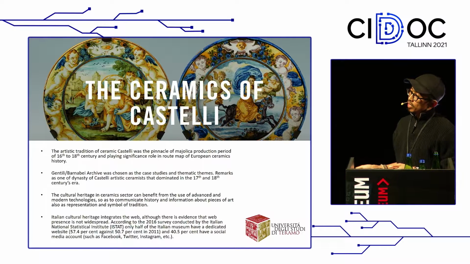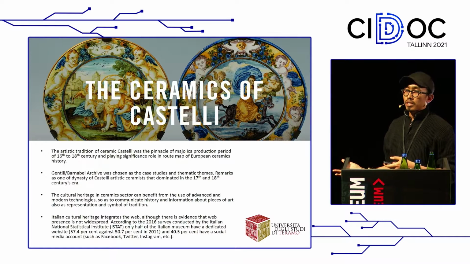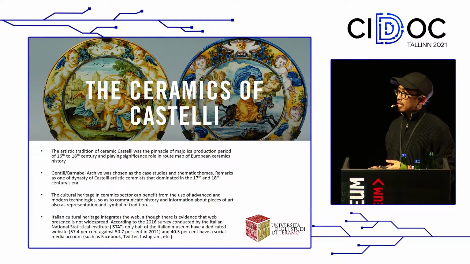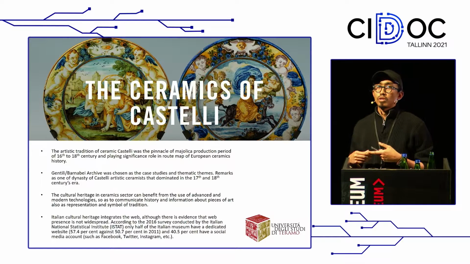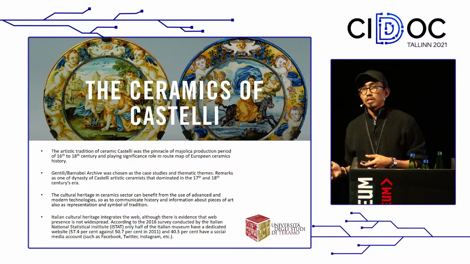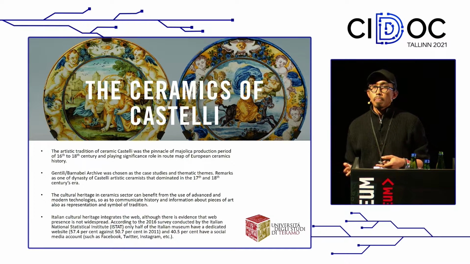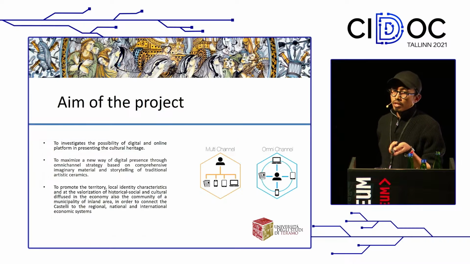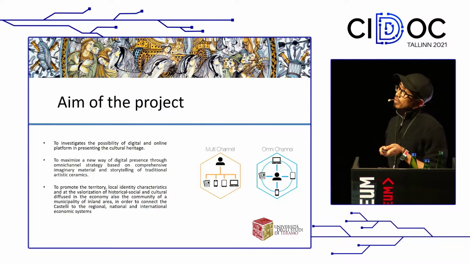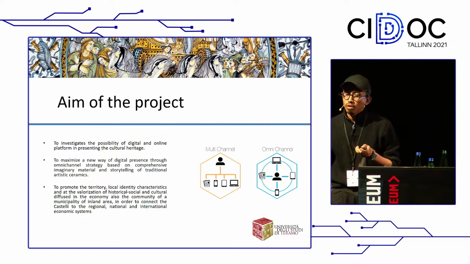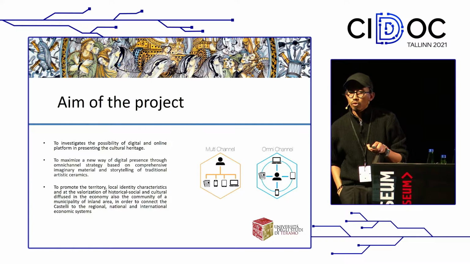And the last one is also how to contribute, because according to the Italian National Statistical Institute, only half of the museums and cultural institutions are involved in a technological approach. The aim of the project itself is, of course, to investigate the possibility of a digital and online platform.